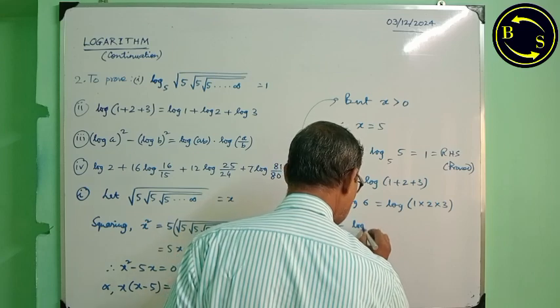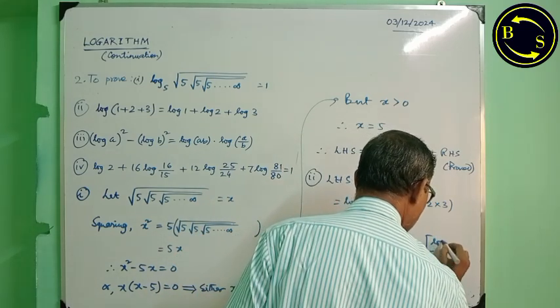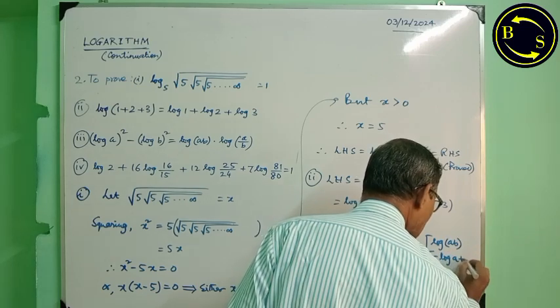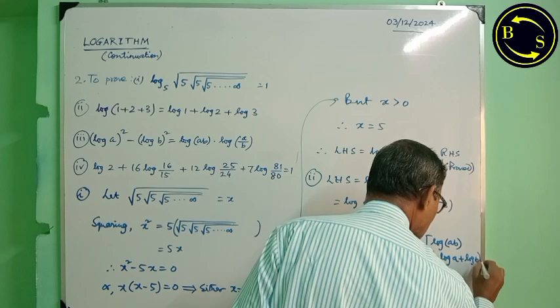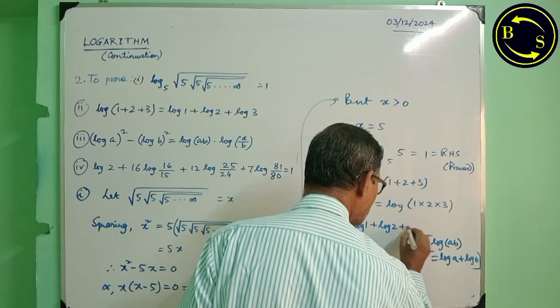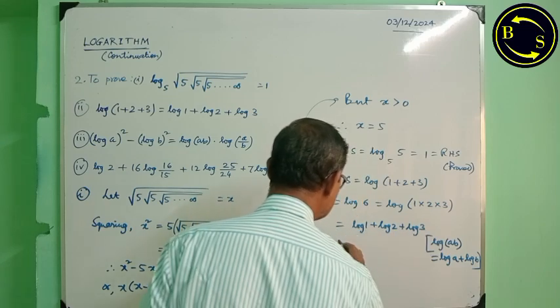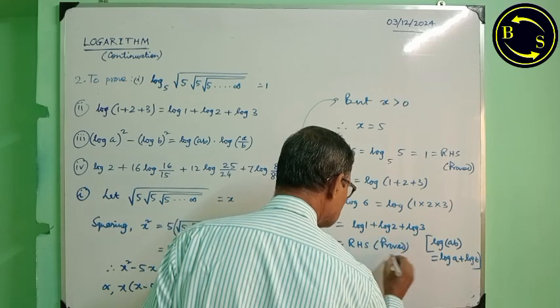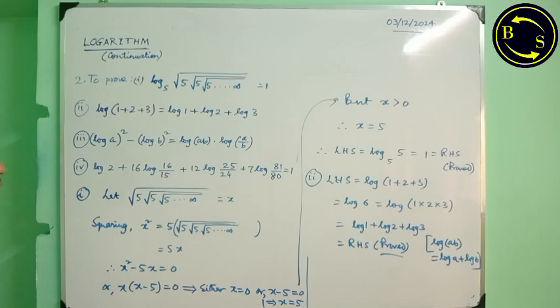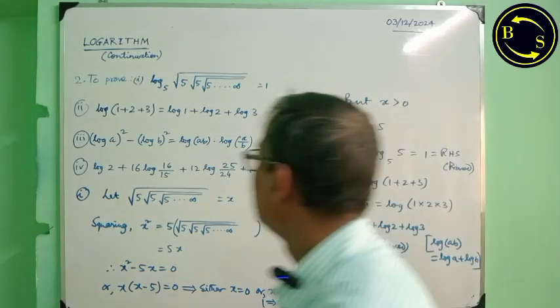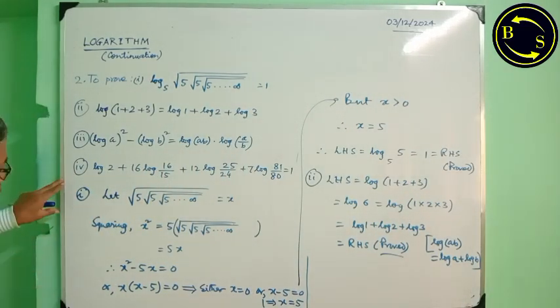Now I apply the formula log of AB is equal to log of A plus log of B. Log 1 plus log 2 plus log 3, that is RHS. I think students, learners have followed. Now I am going to work out sum number 3.